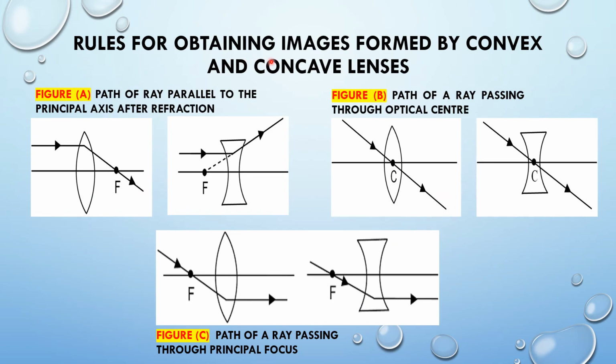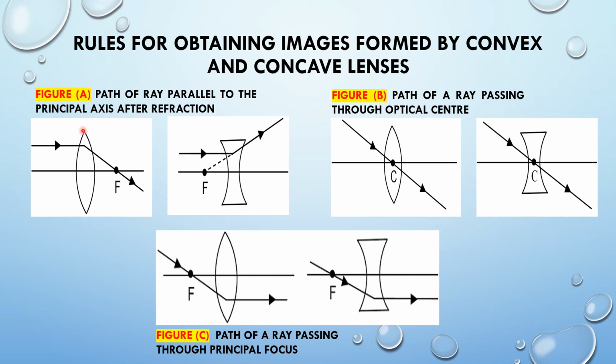Next, rules for obtaining images formed by convex and concave lenses. Here the first diagram in figure A shows convex, and the second diagram shows concave. In figure A we can see the path of a ray parallel to the principal axis after refraction.